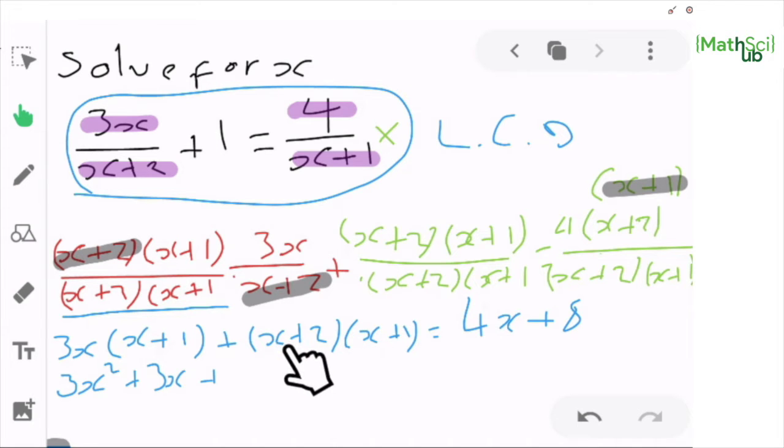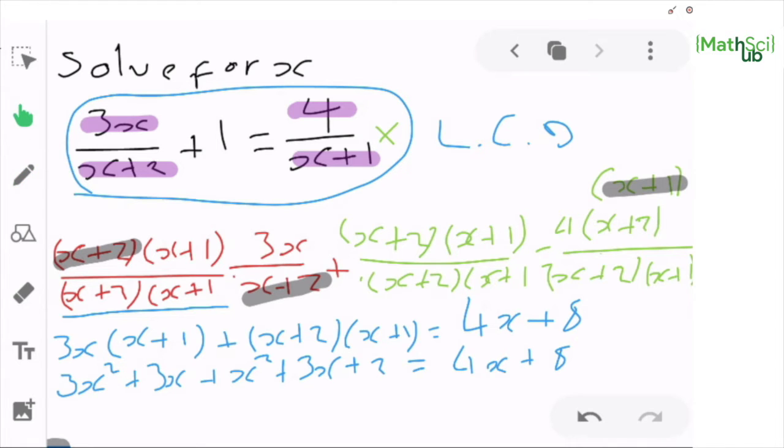It's going to be x squared times x times 2x times 1. We add them, we get 3x. And then here we get 2, equals 4x plus 8.